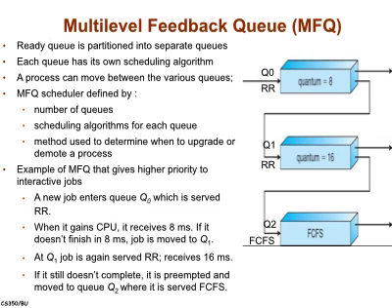So what is this feedback mechanism we're talking about? In this example, we want to give higher priority to interactive jobs or IO bound jobs, and we want to give lower priority to CPU bound jobs. So initially when a process starts, it starts in Q0 with a time quantum of 8.